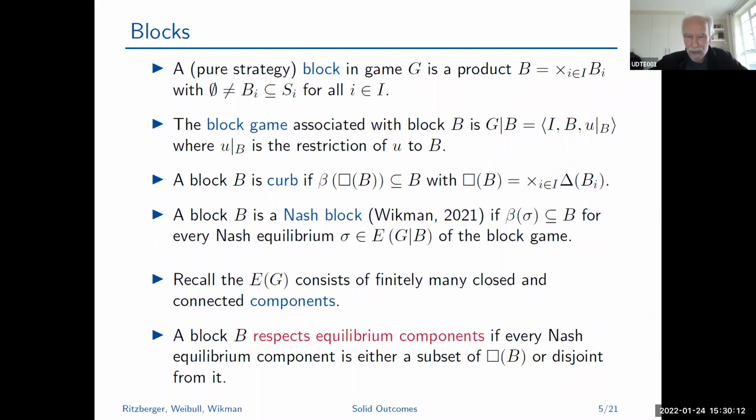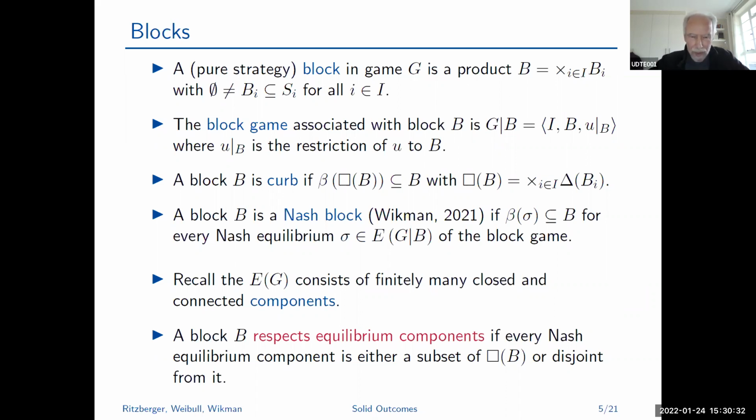But it's basically a relatively simple consequence of the fact that the Nash equilibrium correspondence is a semi-algebraic map. Okay, and this is going to be important for us, that these components.